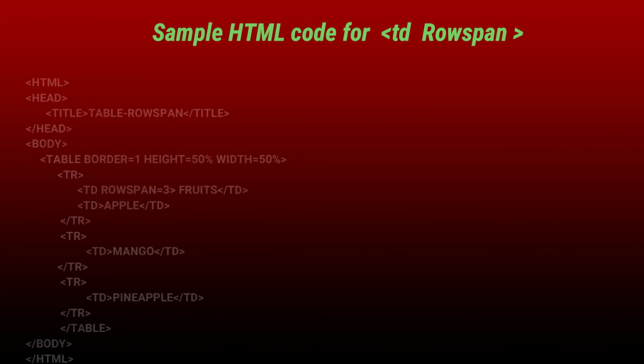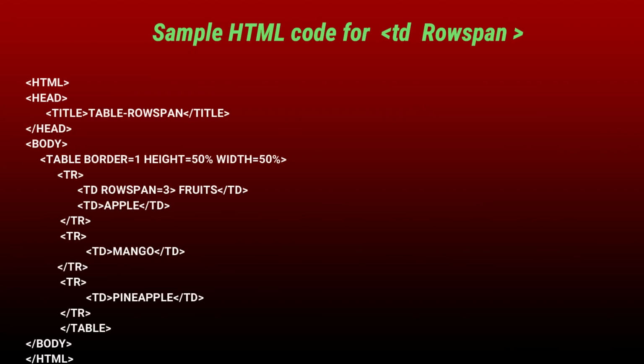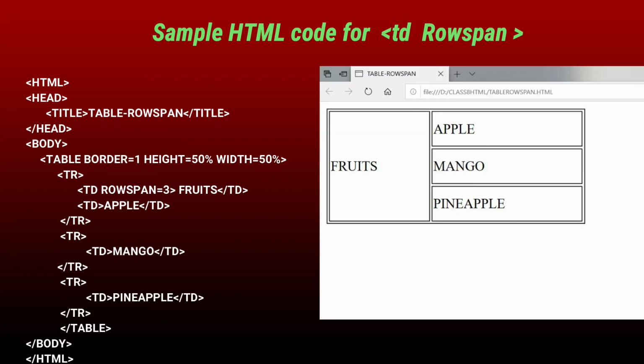Similar to this col span, I have another attribute, that is the row span. Look at this code here. Here I have written td rowspan equal to 3, and then I have written fruits. And if you see carefully in the code, you will understand. See, fruits, I have combined 3 rows and made one single cell.